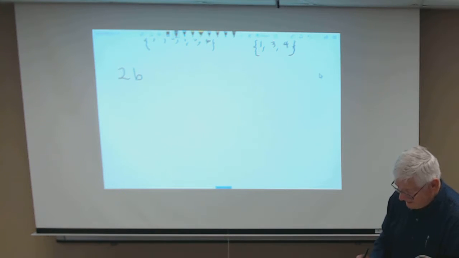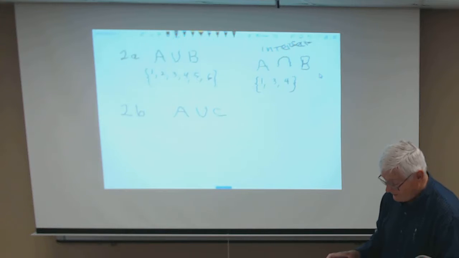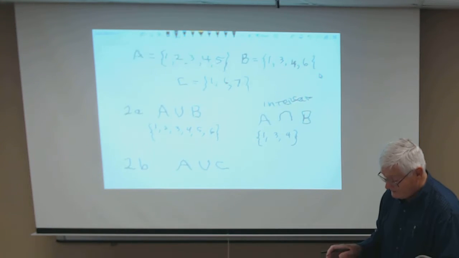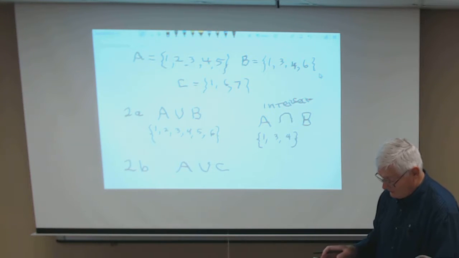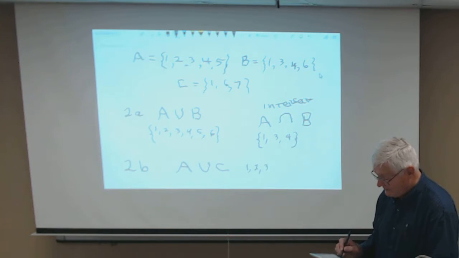2B. A union C. So now I bring it back down. What was A? 1, 2, 3, 4, 5. And C? 1, 6, 7. So the union of A and C would be 1, 2, 3, 4, 5, 6, 7. Everybody follow that?